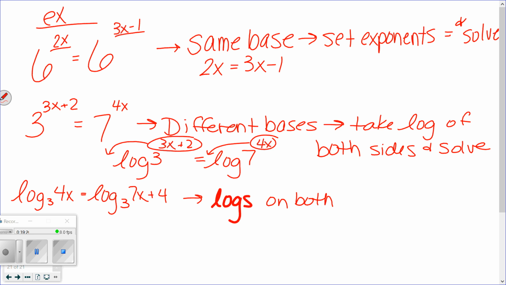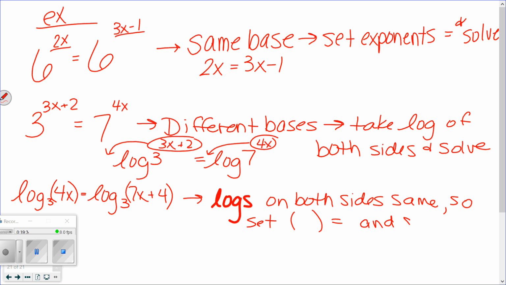Logs on both sides, same. Set each parenthesis equal and solve. This one is kind of just like the same bases, same logs, same idea. So it'd be 4x equals 7x plus 4 and solve.